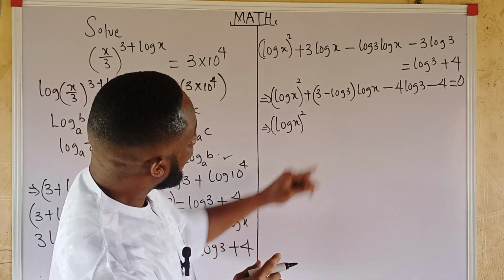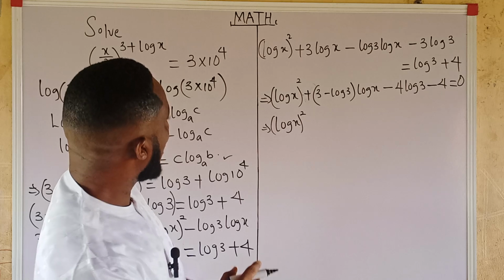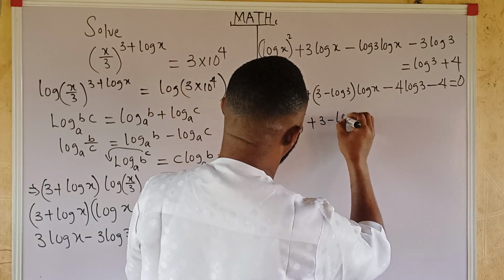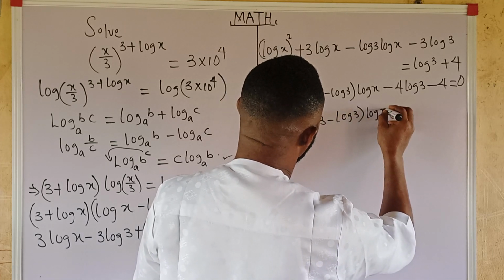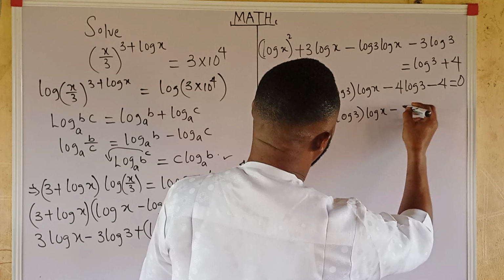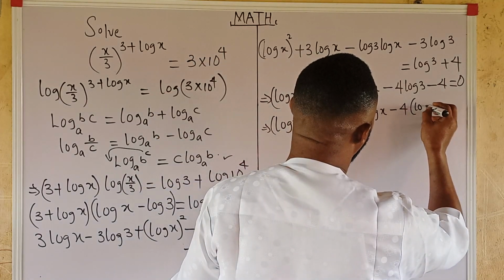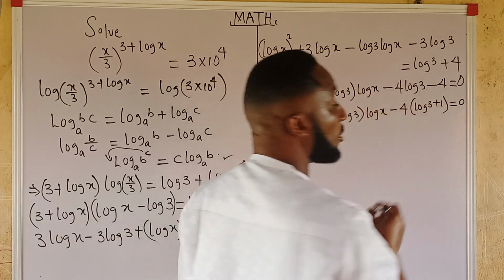That was an oversight. Very sorry for that. So plus 3 minus log 3 log x minus 4. Then we have log 3 plus 1, everything equal to 0.